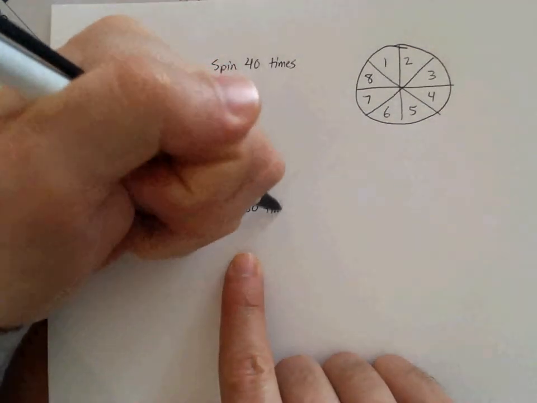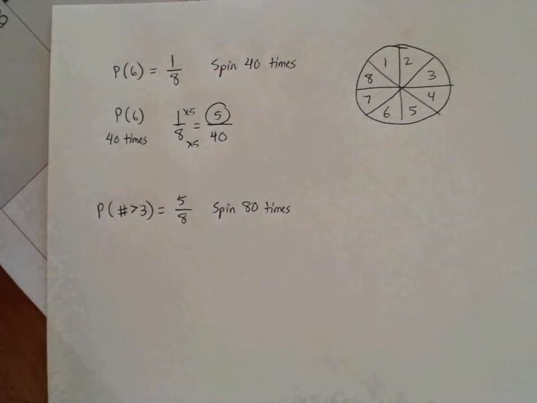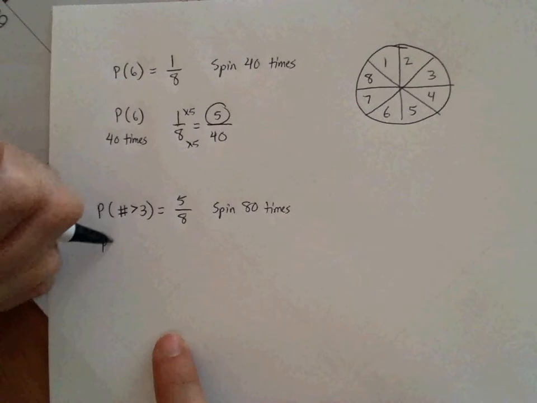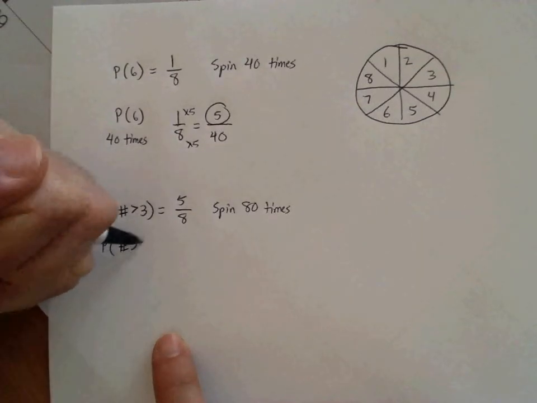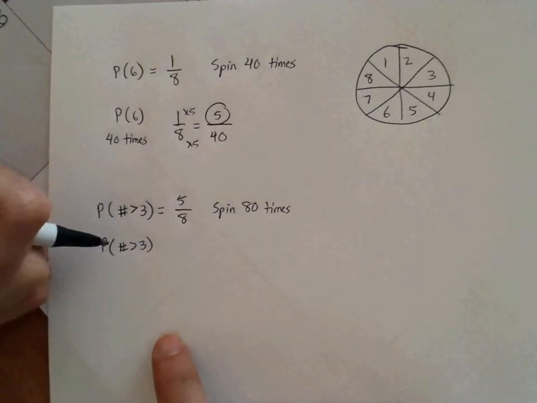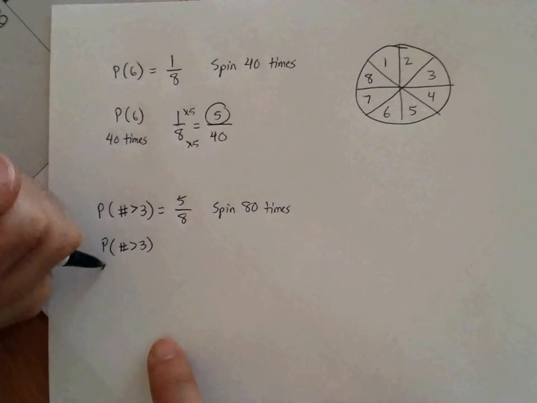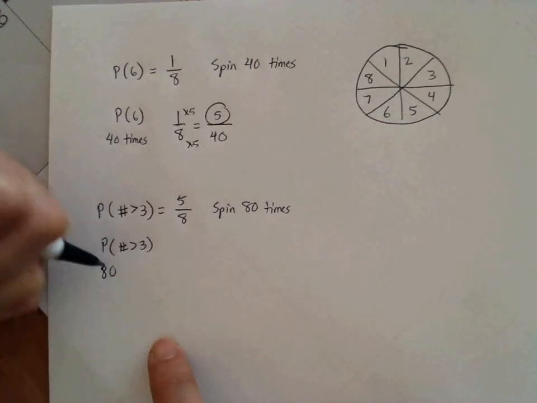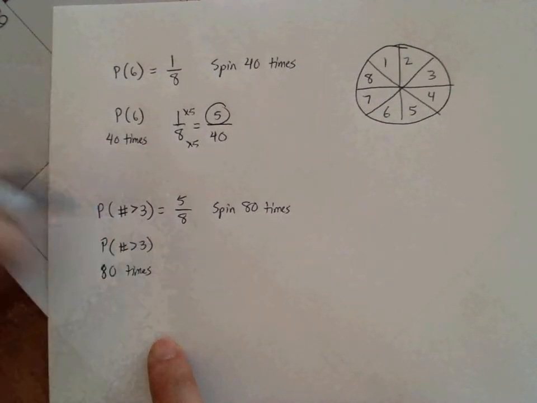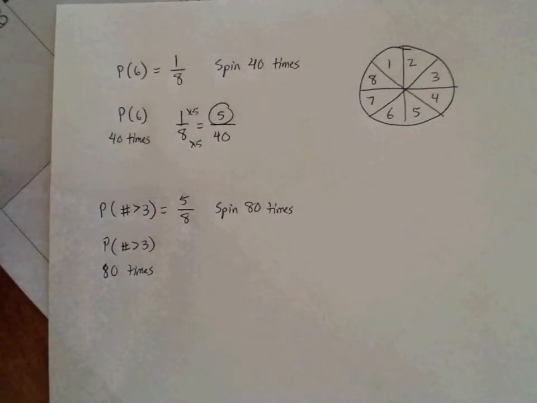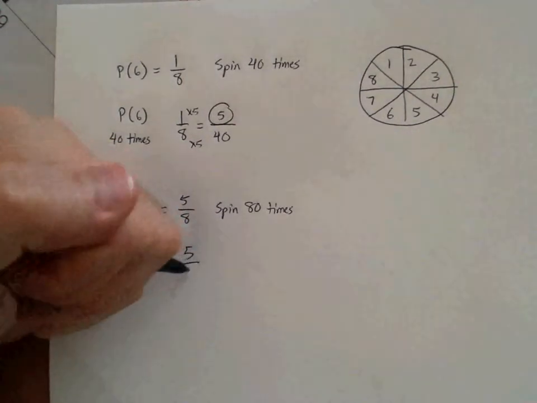Let's change it up this time and spin, let's not do 40, let's do 80. So 80 times. So now let's see how many times we will get a number greater than 3 if we were to go back in and spin 80 times. Alright, so using our same probability, we said every 5 out of 8 spins should show a number greater than 3.